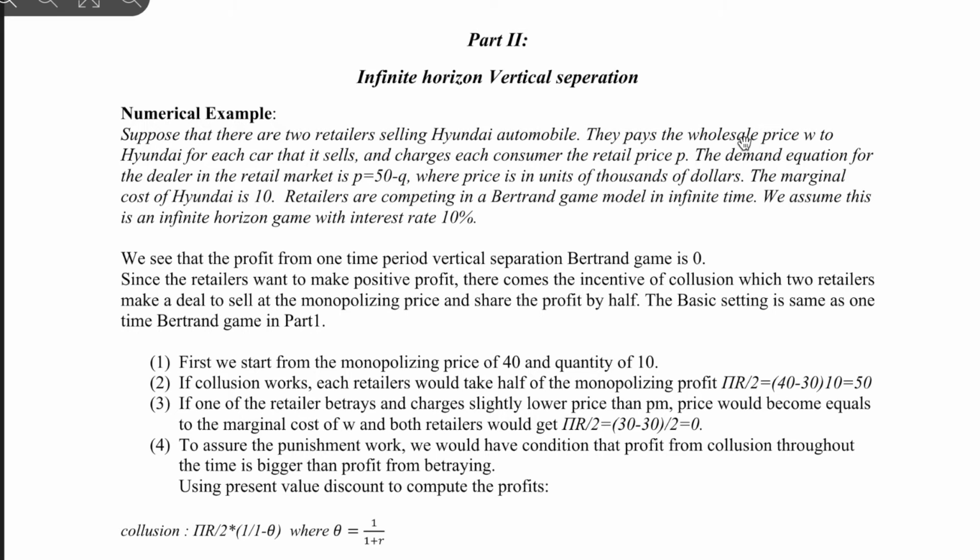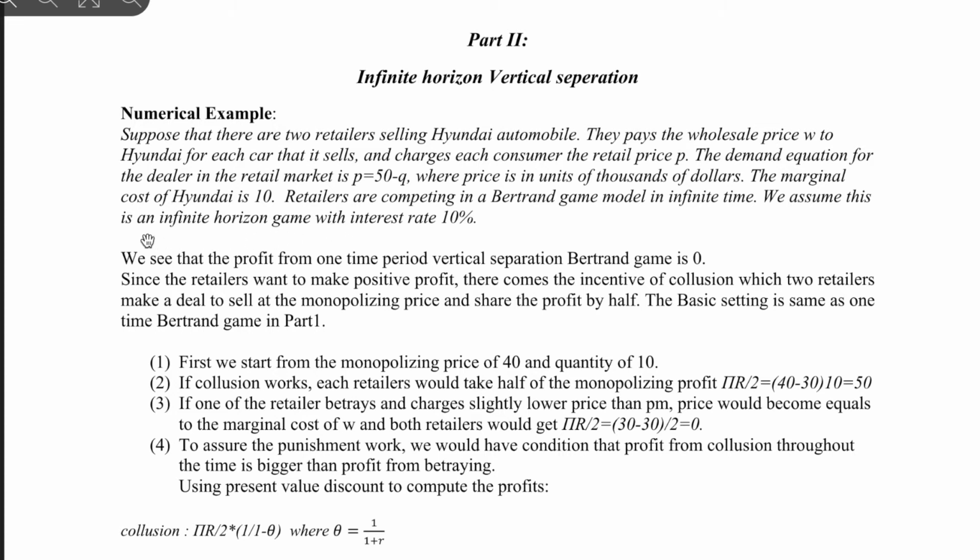They pay the wholesale price W to Hyundai for each car that they sell and charge each consumer the retail price P. The demand equation for the dealer in the retail market is P equals 50 minus Q, where the price is in units of thousands of dollars. The marginal cost of Hyundai is 10, and retailers are competing in a Bertrand game model in infinite time.